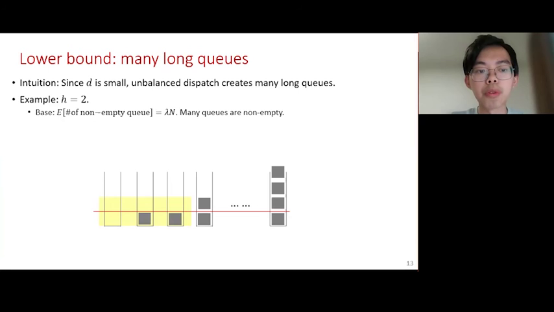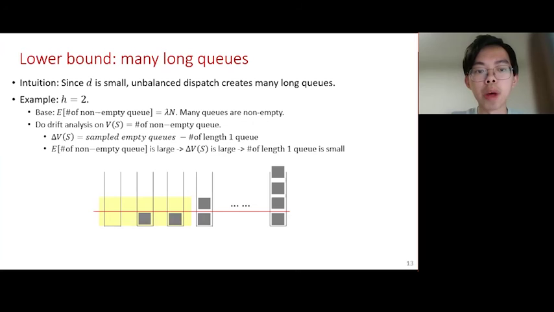Then we only need to prove that the number of length 1 queues is small, which implies that many queues are of length at least 2. What we do is to use drift analysis on the Lyapunov function Vs, equal to the number of busy queues in the system. The drift of this function is given by the number of sampled empty queues by batch filling, minus the number of length 1 queues.